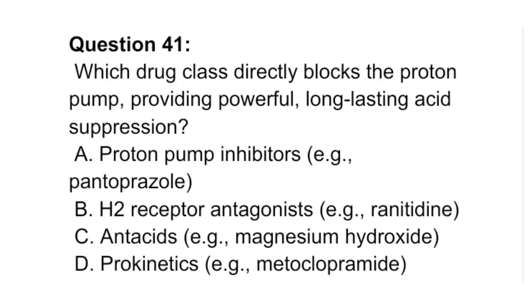Question 41. Which drug class directly blocks the proton pump, providing powerful, long-lasting acid suppression? A. Proton pump inhibitors, e.g., pantoprazole. B. H2 receptor antagonists, e.g., ranitidine. C. Antacids, e.g., magnesium hydroxide. D. Prokinetics, e.g., metoclopramide.